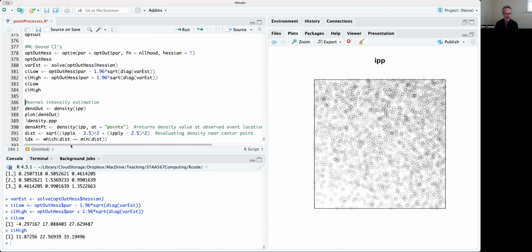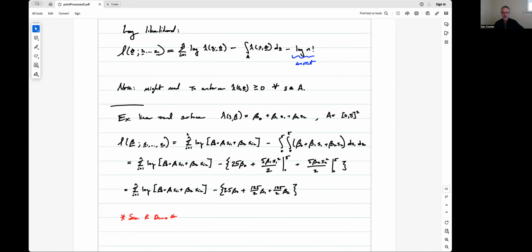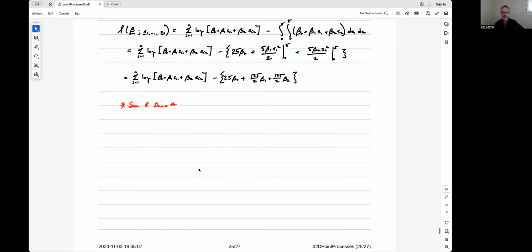And I just think it's really cool that we can get a likelihood for an inhomogeneous Poisson process. The disadvantage, of course, is that one has to assume a model, and maybe there's no intuitive answer for how that intensity should vary in space.